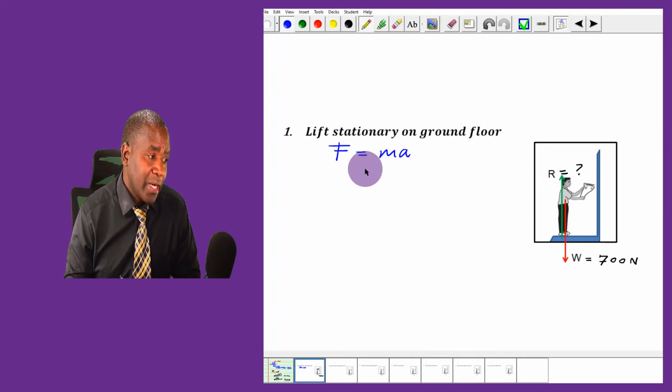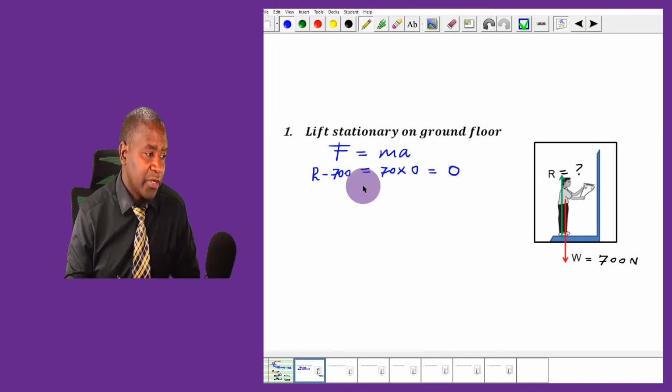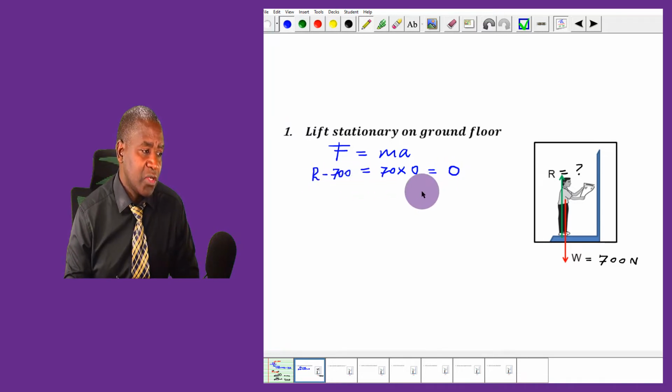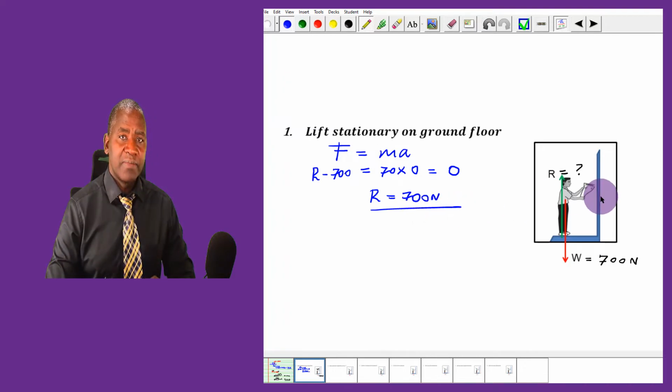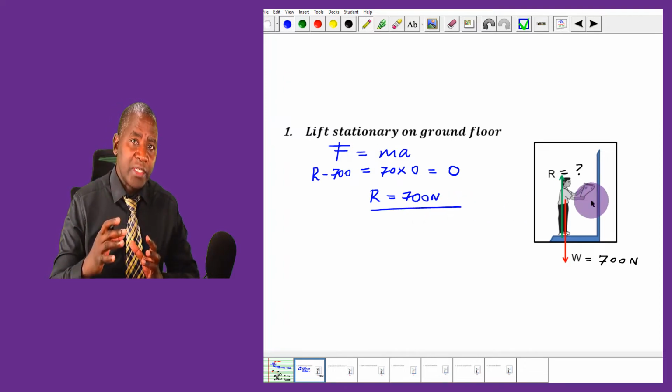So I can just assume that the upward force is greater than the downward force, R minus 700 equals m, which is 70, times 0. And you can see this one gives me 0. So if R minus 700 equals 0, it means R is equal to 700 newtons. And this is what the balance reads. So it reads the correct weight of this person.